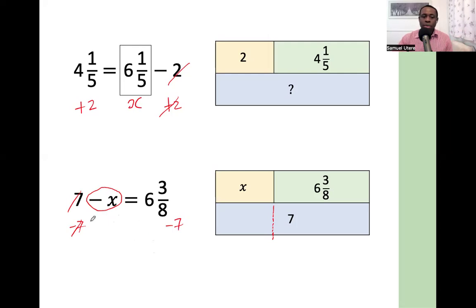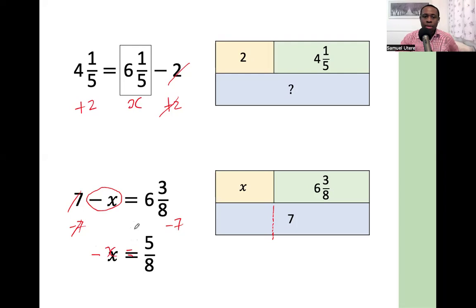So if I make x positive, it means when I do this subtraction, I'm going to get a negative answer, because take note that 5/8 is actually less than 7. But following the rules of solving equations, we will have negative x equal to a negative answer.